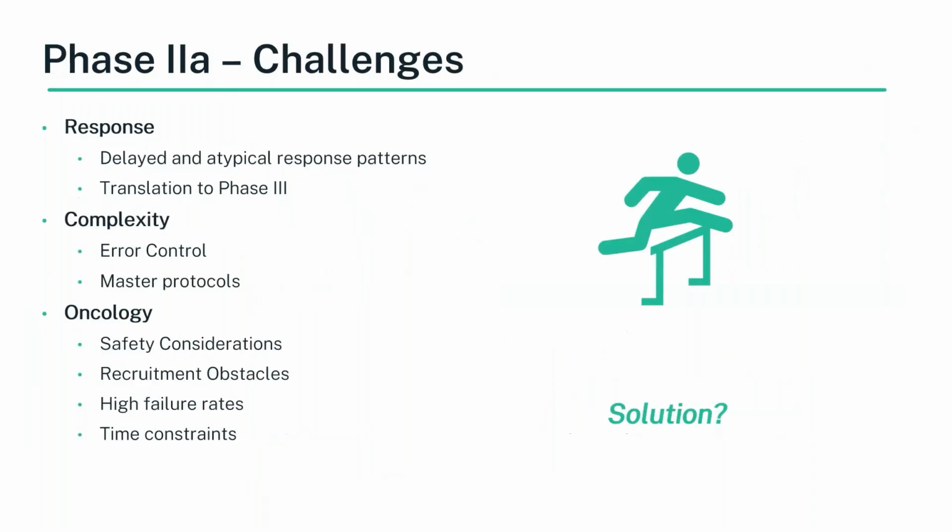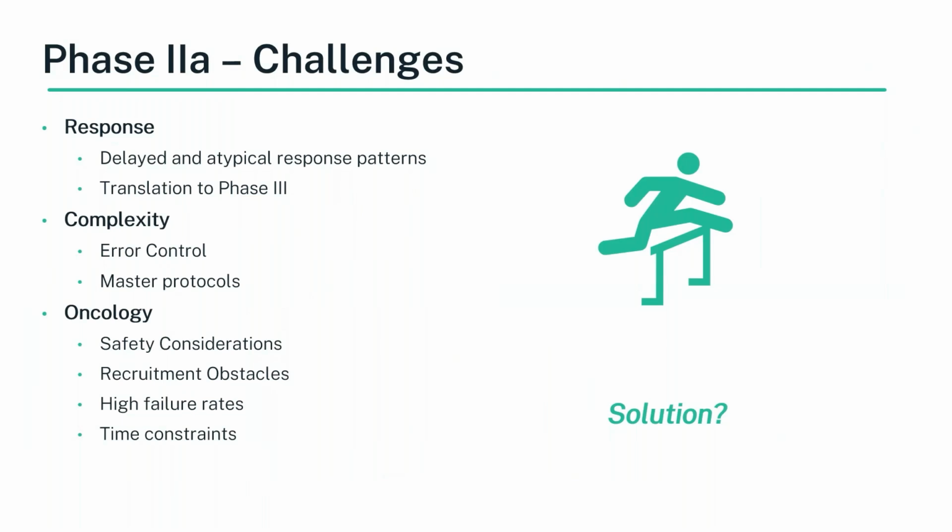Okay, so now let's have a quick look at some of the challenges in phase 2A. In relation to response, one of the main challenges is that there are often very delayed or atypical response patterns, especially from immunotherapies.